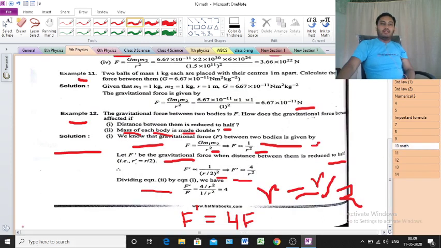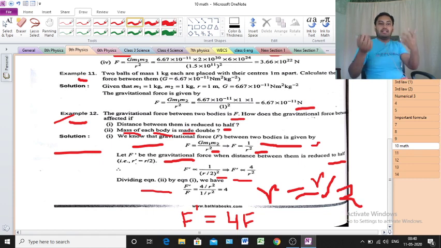Okay, question number 12, a little bit difficult, that's why I am revising once. Gravitational force of a body is F. Clear? Let's say F. Now the two conditions: if the distance between them is reduced to half, first time distance is R, second time distance is R by 2.